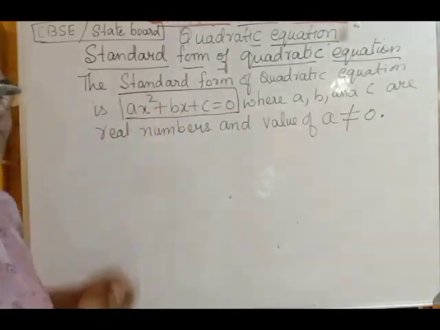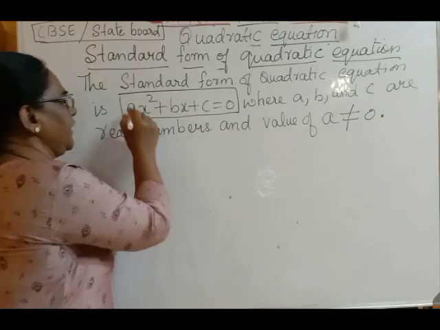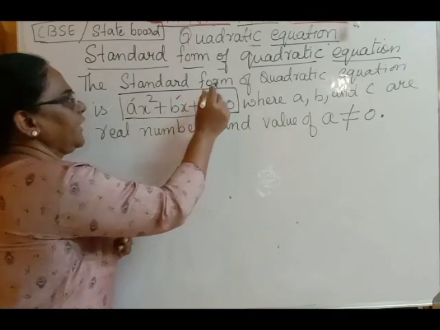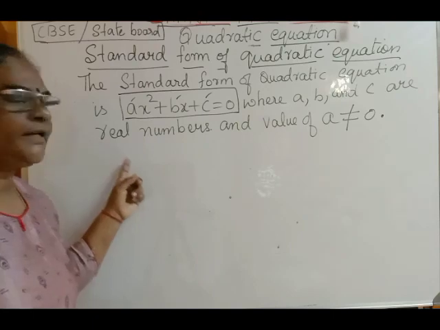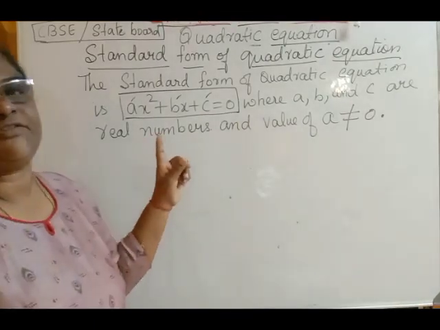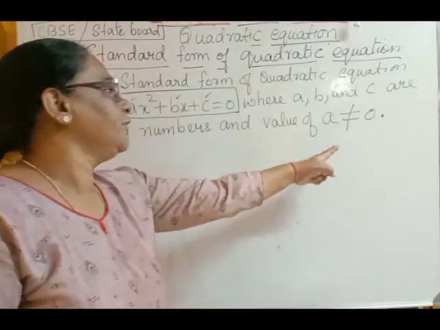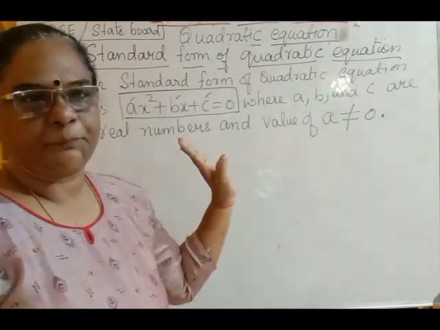This is the standard form of quadratic equation where this a, b and c, they are real numbers. It can take any value and the condition is that the value of a should not be equal to 0.